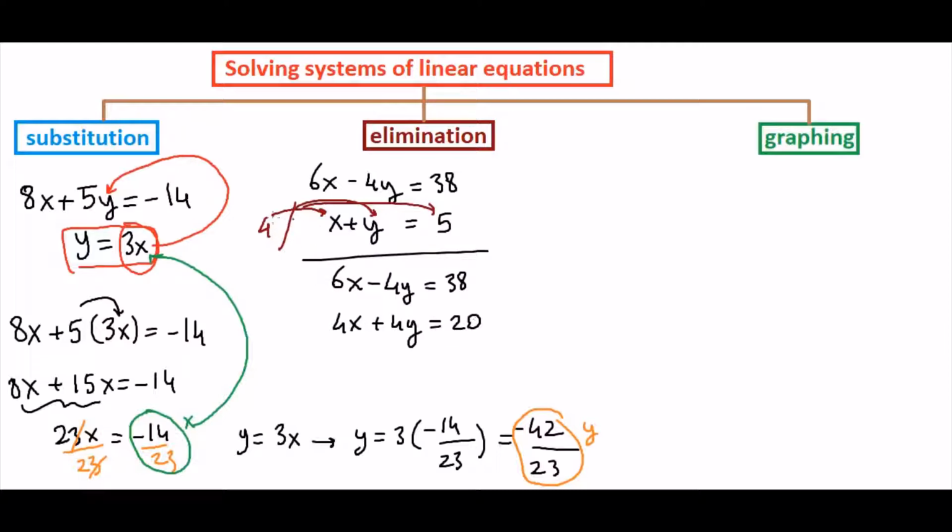You need to multiply everything by 4. Now we can add up these two equations. 6x plus 4x is 10x. Negative 4y and positive 4y cancel out each other, and this is 58.